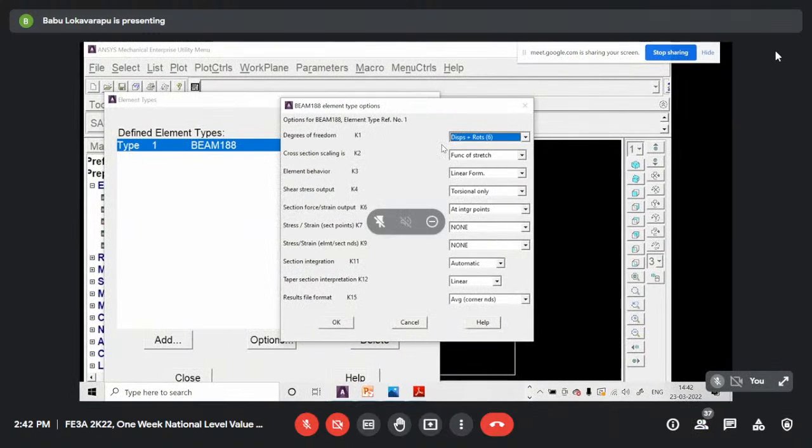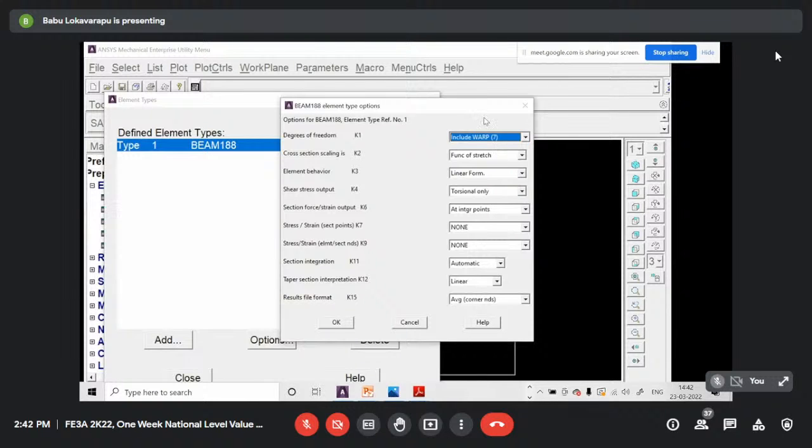That means you have 3 translations, UX, UY, UZ, and 3 rotations, about X, Y, Z. Sometimes, if you handle thin walled sections, maybe shear center, unsymmetrical bending, then you have to select 7 degrees of freedom. One more is called warping. See, 6 plus 1, warping.